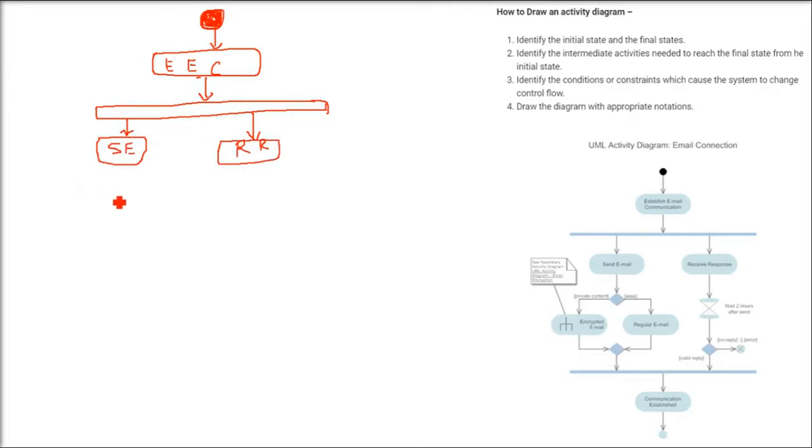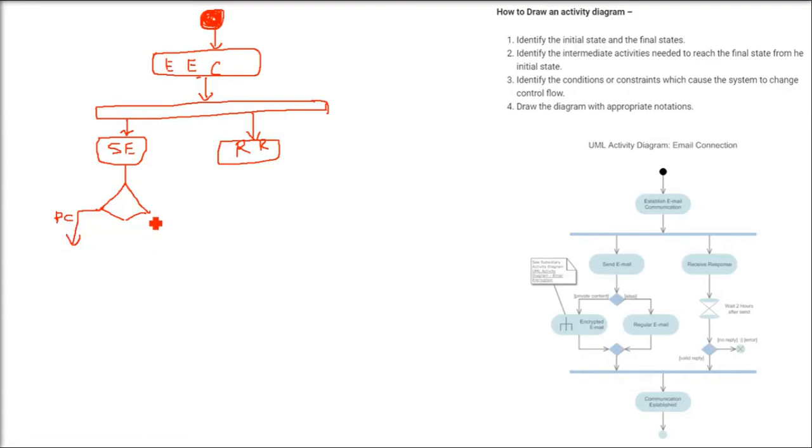Now let us complete send email first. When you are sending an email, there are constraints and conditions here. You want to send private content, or you can send just normal content. So for that, you need a diamond here because you're making a decision. Decision means: do you have private content, which you don't want to share with anyone else except the destination?